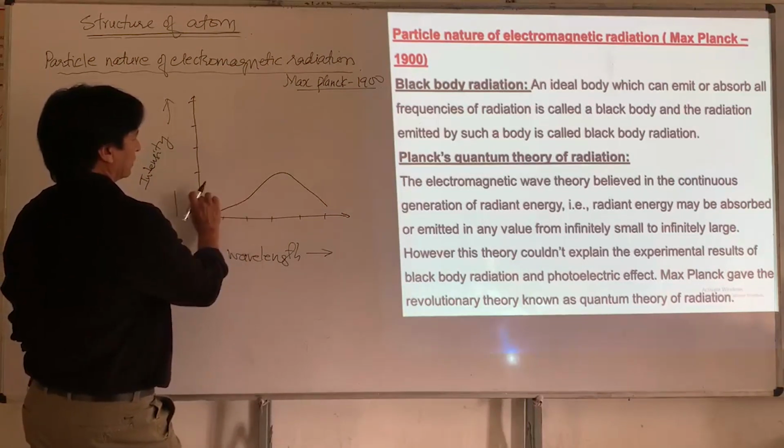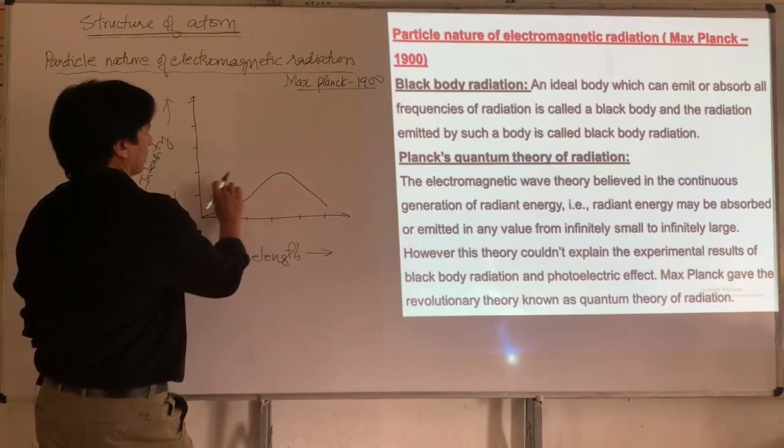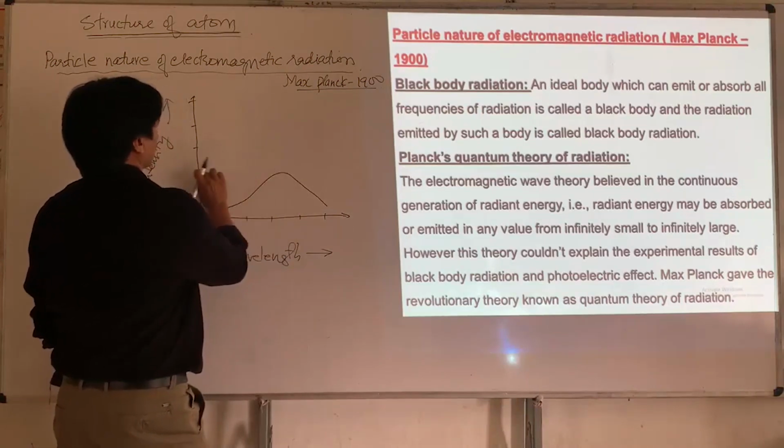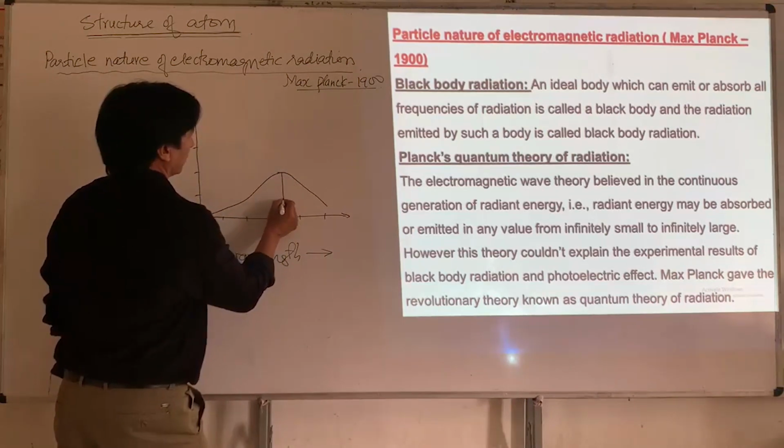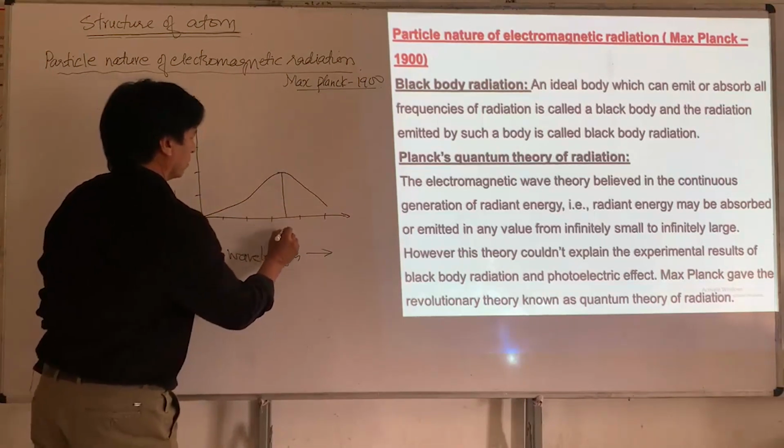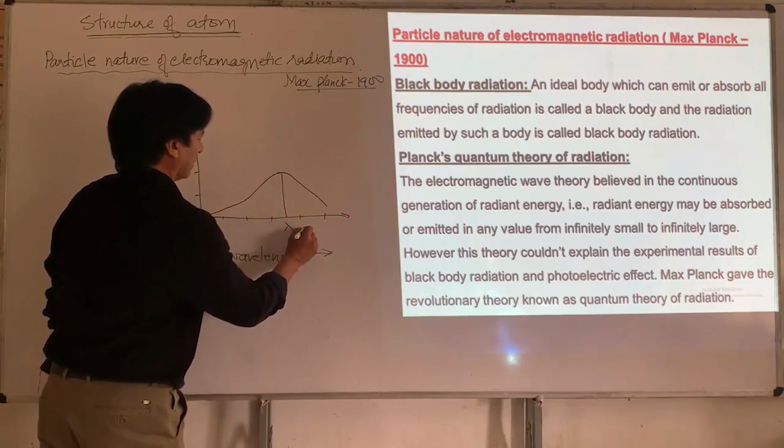Increase in wavelength, that is increase in intensity. And finally, the intensity becomes maximum at a particular wavelength. This is called lambda max. Let's call this lambda max.